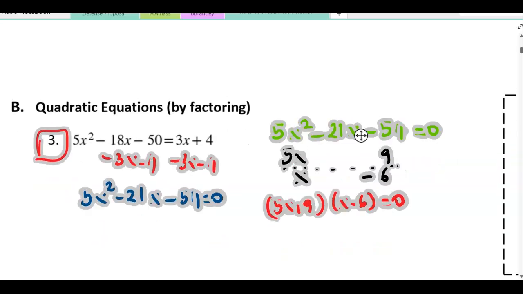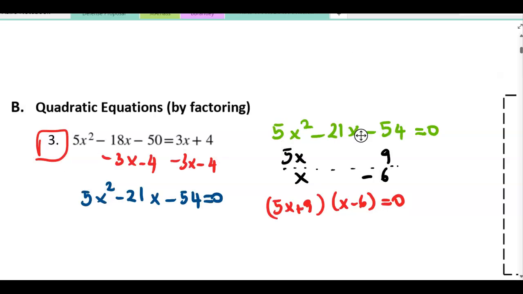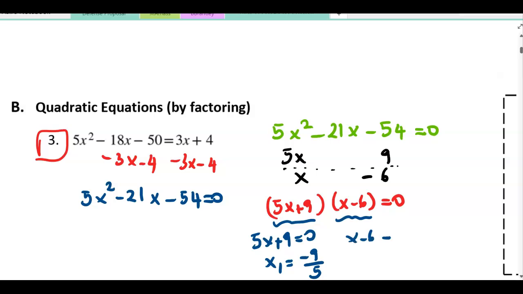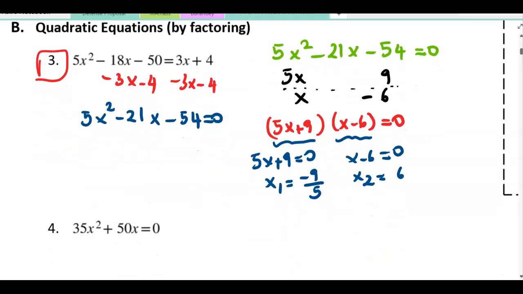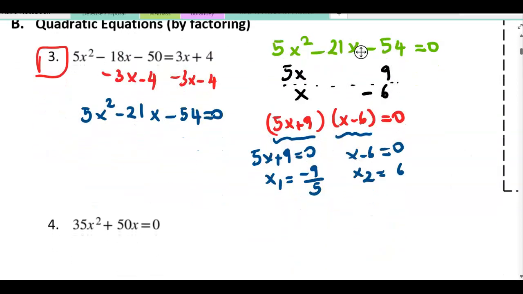So by the zero product rule, 5x plus 9 equals 0, so one will be negative 9 over 5. And x minus 6 equals 0, the other one is 6. So one root will be x equals negative 9 over 5, and the other one will be equal to 6.